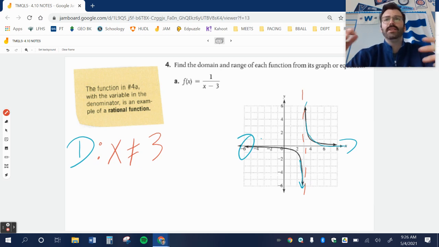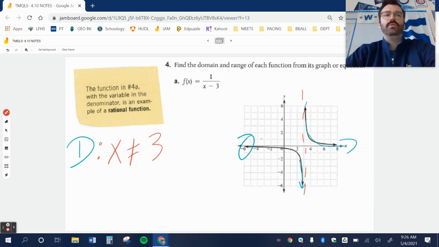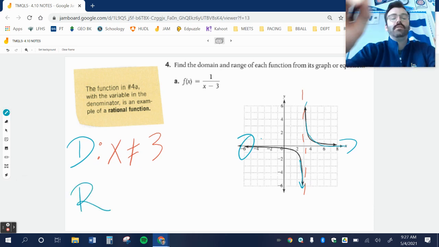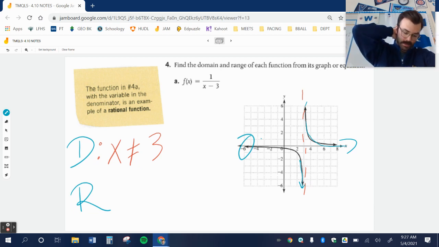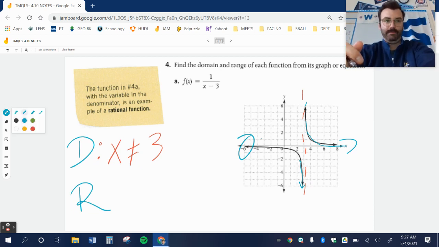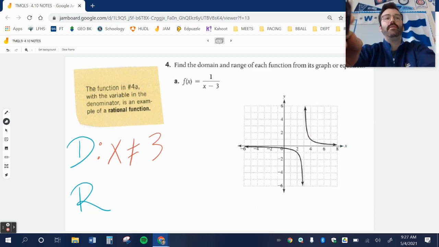We're not going to use interval notation. We're going to use inequality notation here, and I think that's sometimes easier for people to understand. Range, we read from bottom to top. Range is our output.